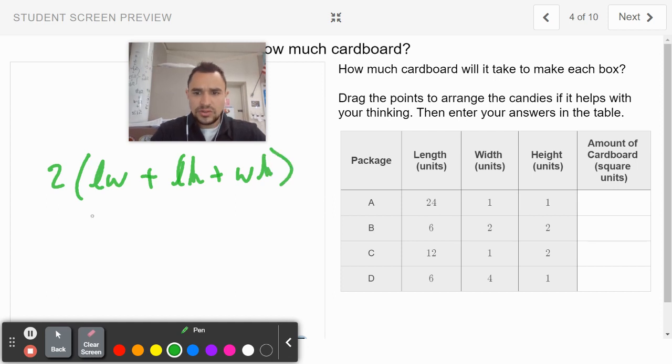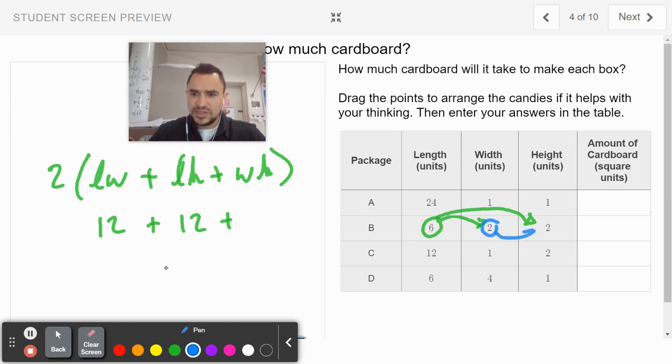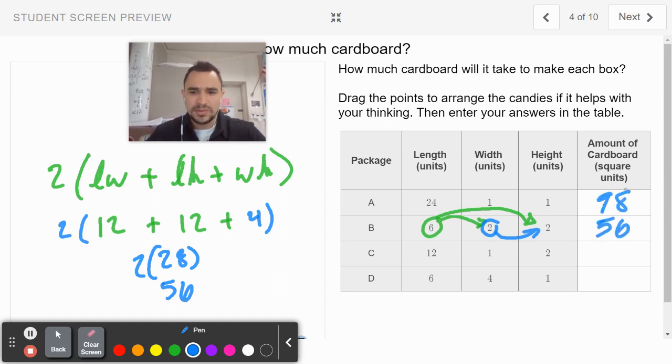So this is 6 times 2, that's 12. And then 2 times 2, which is 4. So 12, 24, 28. So 28 times 2 is 56. So this is 56. This was like 98, I believe.